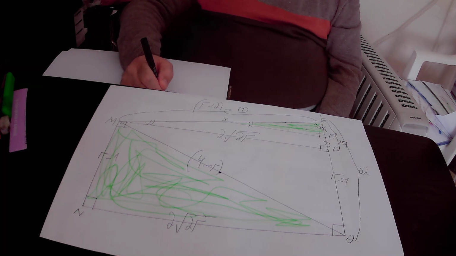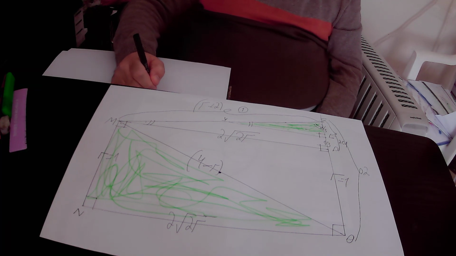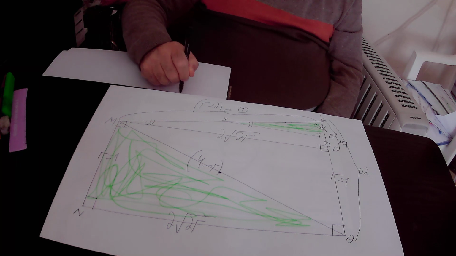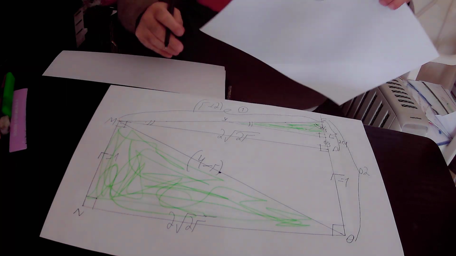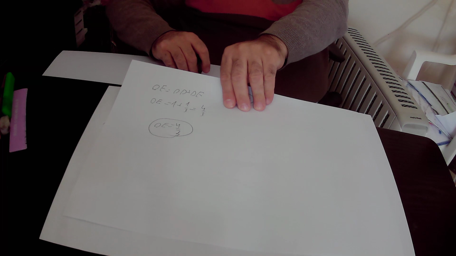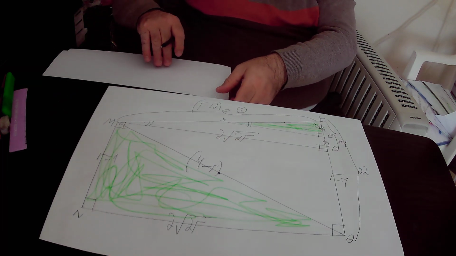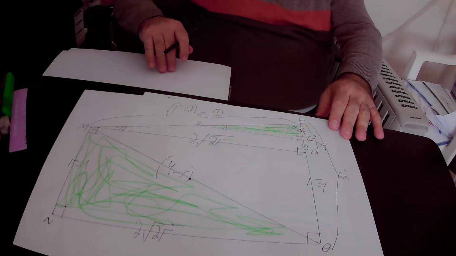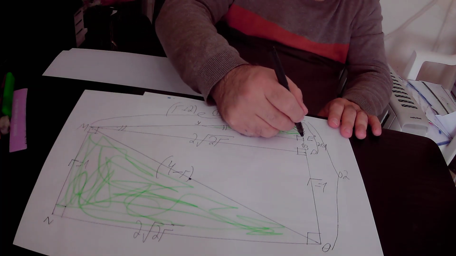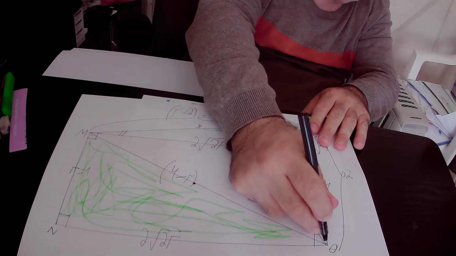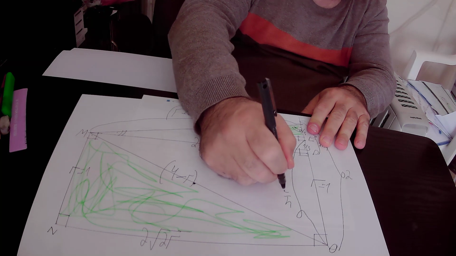So OE equals 1 plus 1/3. 1 plus 1/3 is 4 over 3. So OE equals 4 over 3.